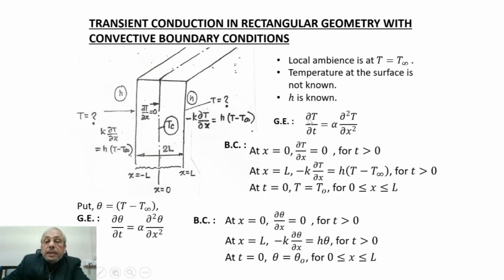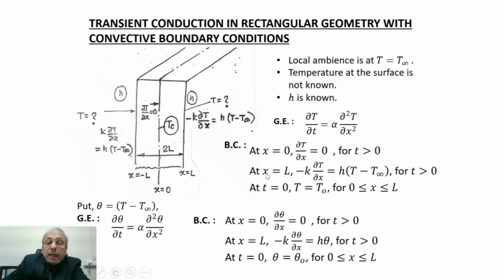That means ∂T/∂t equals alpha ∂²T/∂x², and the boundary conditions are, since we can see symmetry about the midplane of this geometry, at x equal to 0, ∂T/∂x equals 0 for t greater than 0.